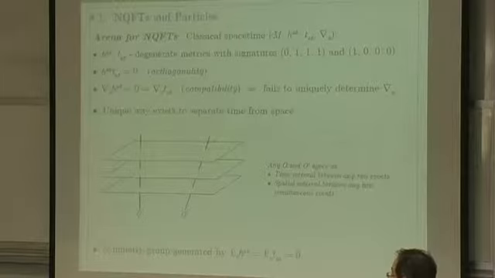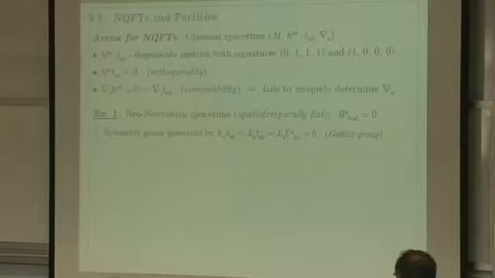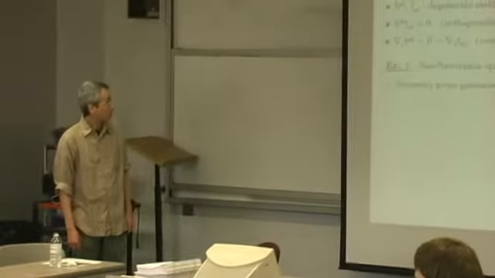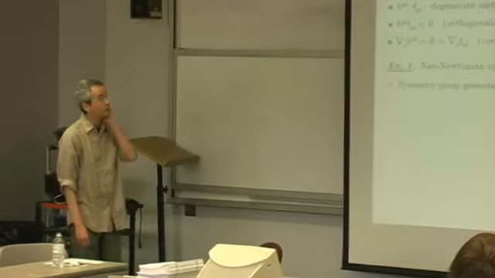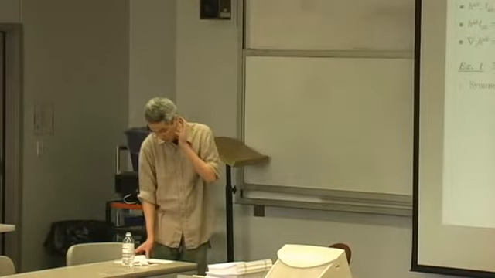So, one example of a classical spacetime is Newtonian spacetime, which is spatio-temporally flat. And its symmetry group is the Galilei group, which is generated by vector fields that annihilate the spatial and temporal metrics and the connection associated with the flat curvature.